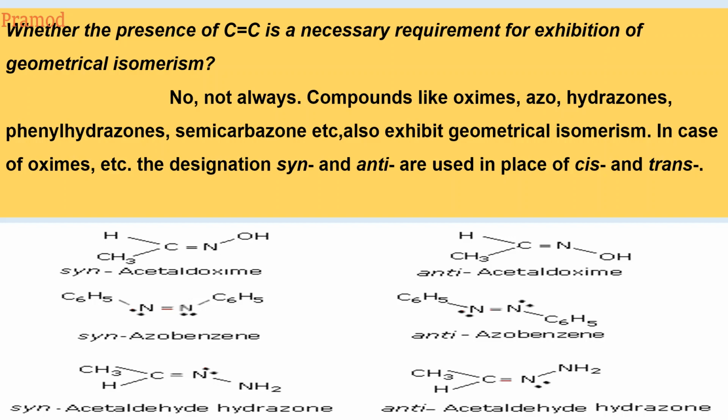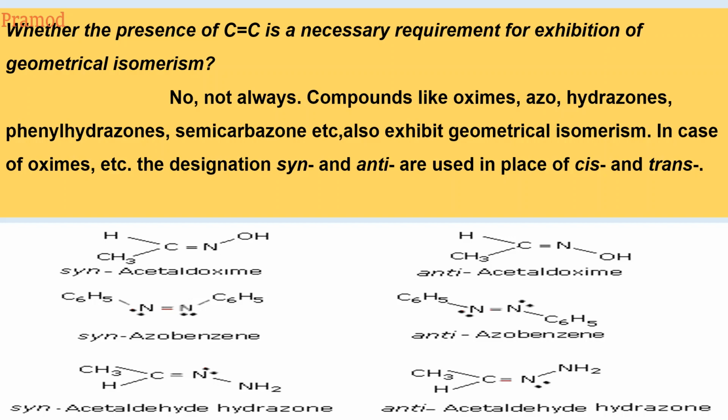It is designated as syn and anti in place of cis and trans. Now, what is this syn and anti? In the case of oximes, hydrazones and others, they are known as syn or anti. Let's take an example of syn-acetaldoxime. If the OH and the H groups across the carbon-nitrogen double bond are on the same side, then it is known as syn-acetaldoxime.